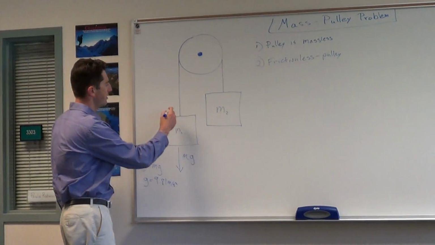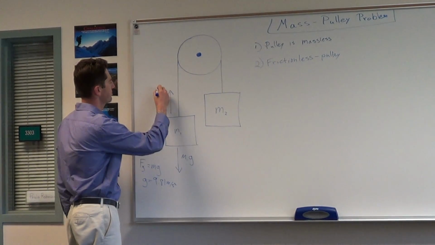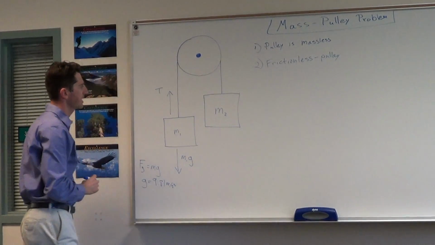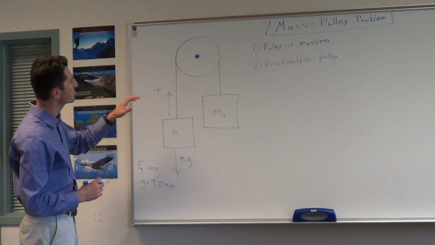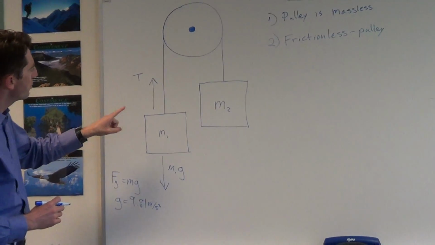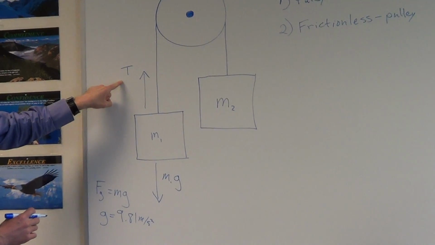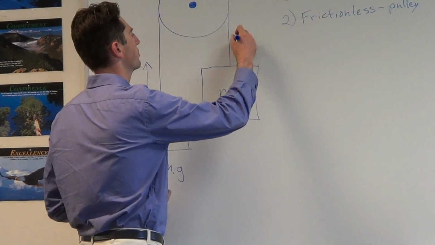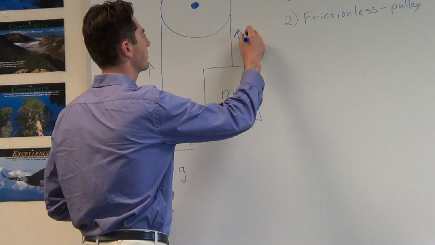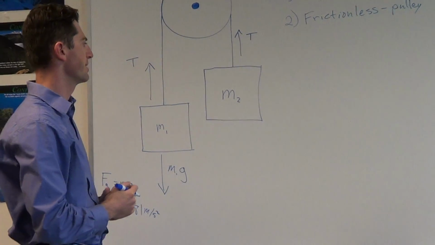And we also have a tension going upward here. And since this is a massless, frictionless pulley, we know that the tension on the left side of the pulley is the same as the tension on the right side of the pulley. The tension going that way.